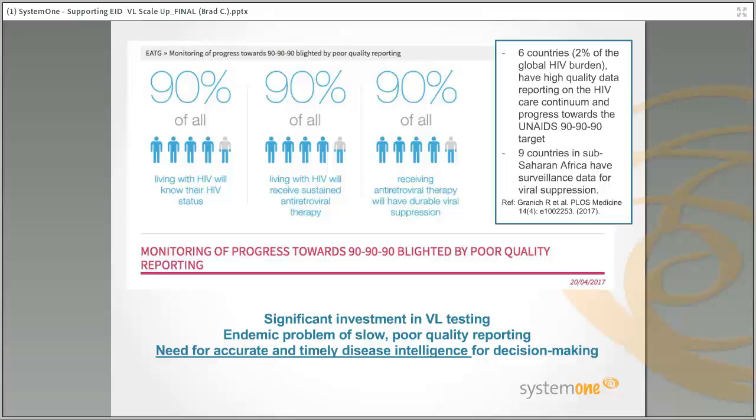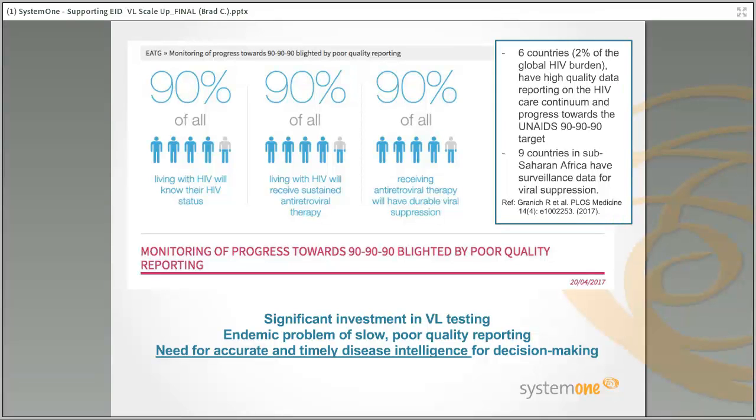And then looking to address the 90-90-90 goals, Natasha, our PhD scientist, actually found a really great slide looking at monitoring the progress towards these, which is currently being blighted by poor data and poor quality reporting. This article from PLOS Medicine sums it up quite nicely, showing that only 2% of the global HIV burden actually have good HIV reporting, and only 9 countries in sub-Saharan Africa have any surveillance data at all for viral load suppression.